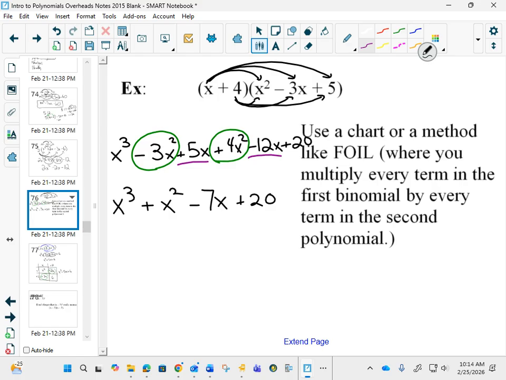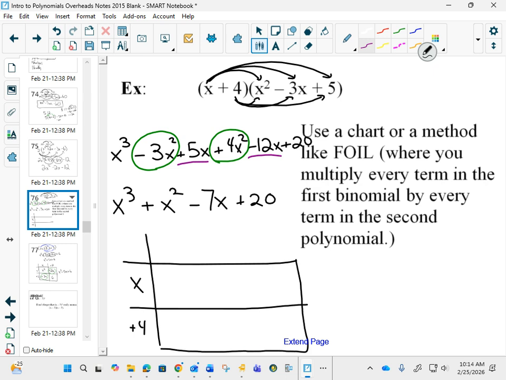So some people like to do it with the arrows and some people like to do it with the chart. How big is the chart? Well, we have x and plus 4. And here we have x squared, a minus 3x, and a plus 5. And you have 6 boxes to fill.